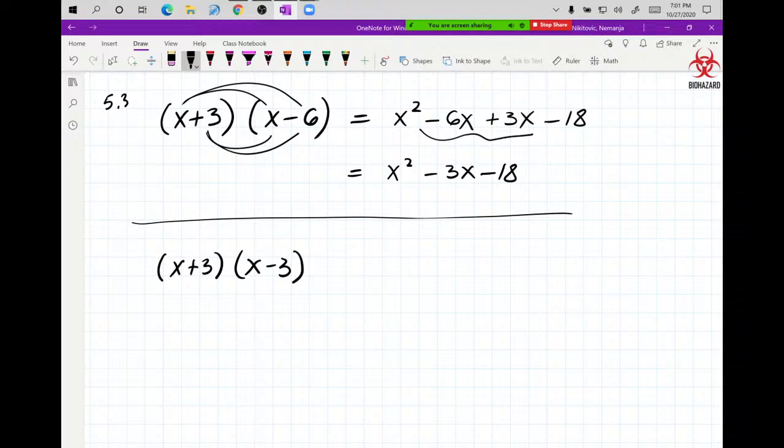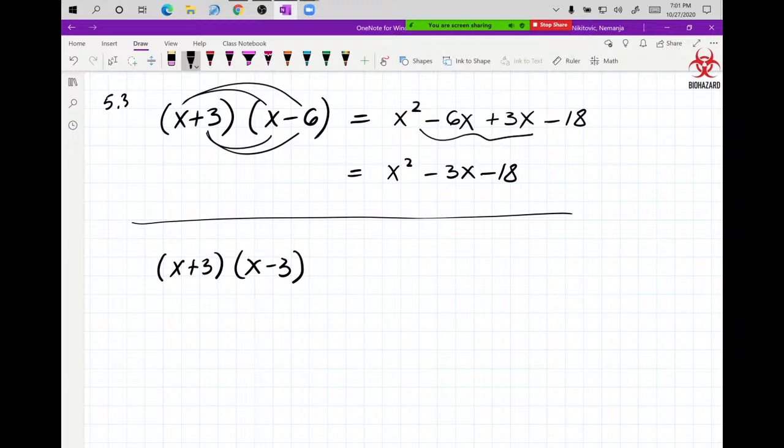We're going to obviously do all of the details, but what happens is it cancels down, and you will see that when you have this type of question where the parentheses have the same terms and just the sign is different, it is going to be one of the special products because those will always cancel to that simpler form. So let's first do this problem and then take a look at the formula and then do more examples.